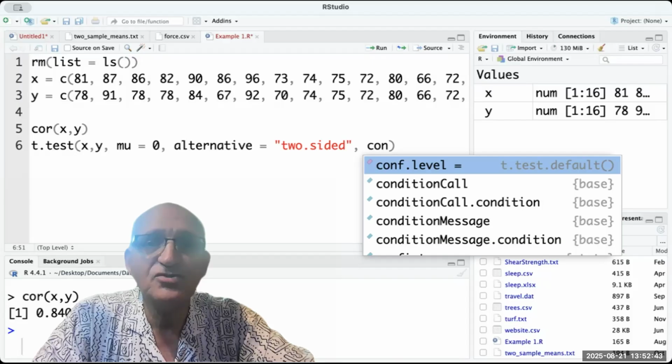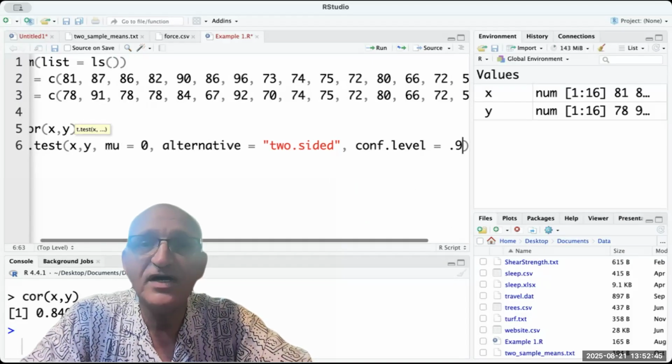So I'm just going to do confidence level is 0.95.